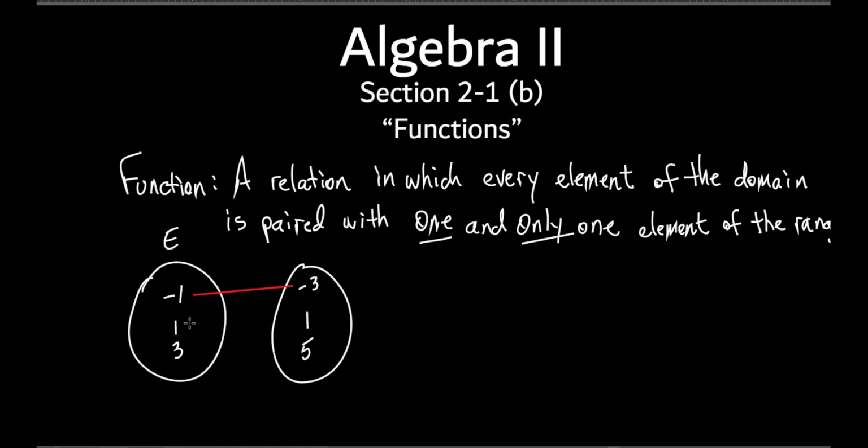And then 1 is paired with 1, and 3 is paired with 5. And a lot of times, I think always, they put arrows here. So -1 is paired with this number, 1 is paired with a number, and 3 is paired with another.